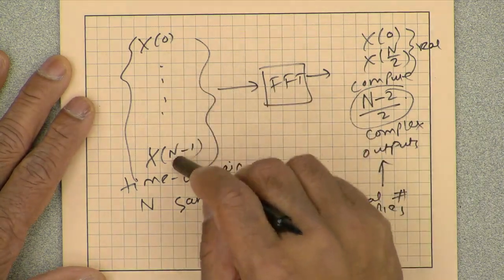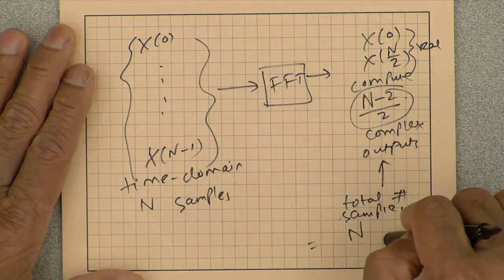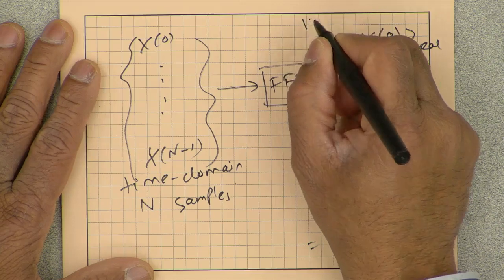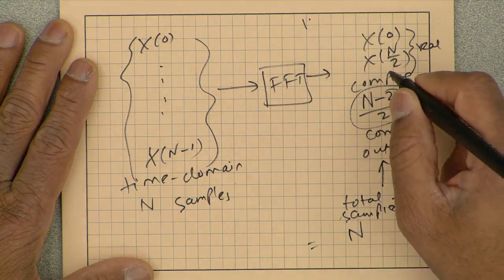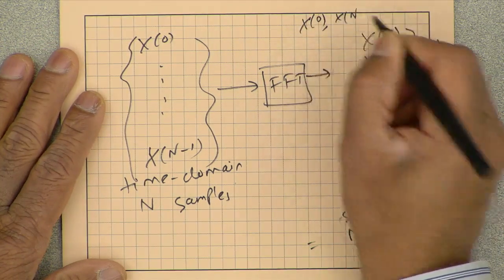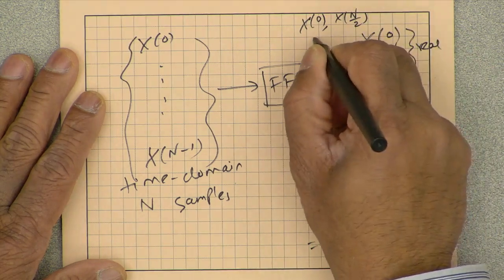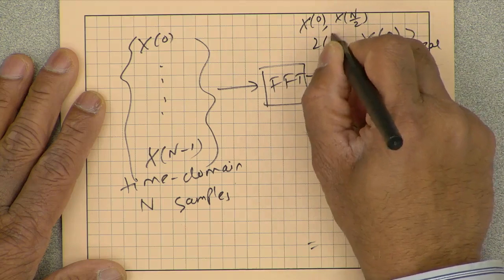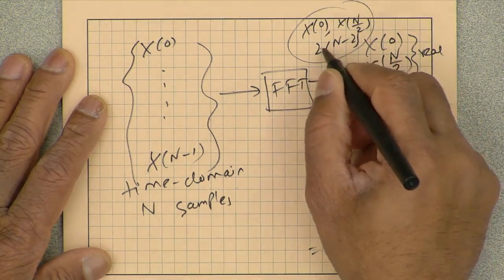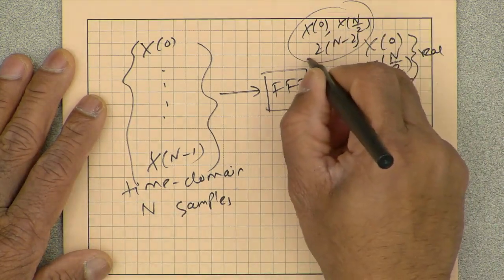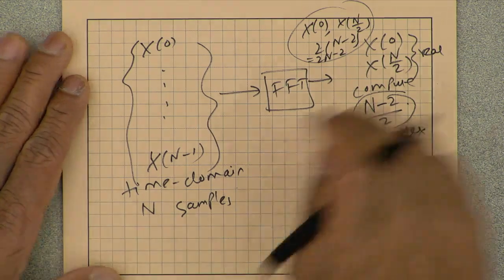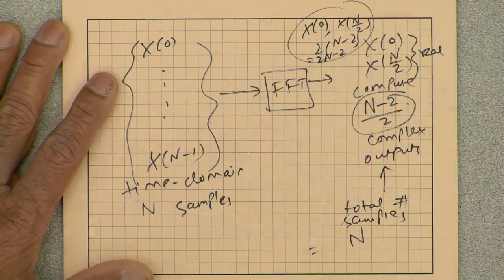If I start with N degrees of freedom and compute a linear transform, although it looks as if we have X0 and X(N/2), and then N minus 2 complex samples multiplied by 2, so 2N minus 4 plus 2, it appears as if we have taken N independent samples, and the linear transform is computing 2N minus 2 values.